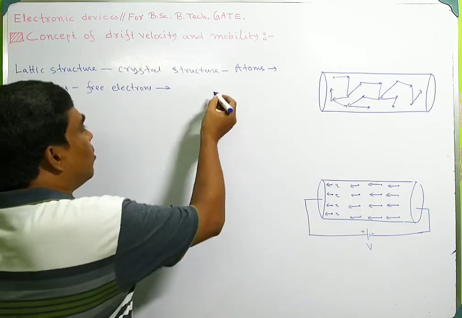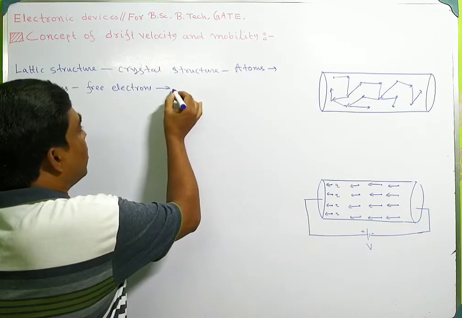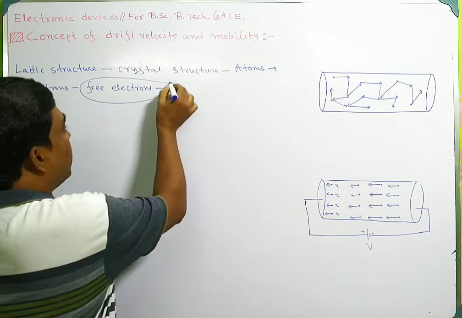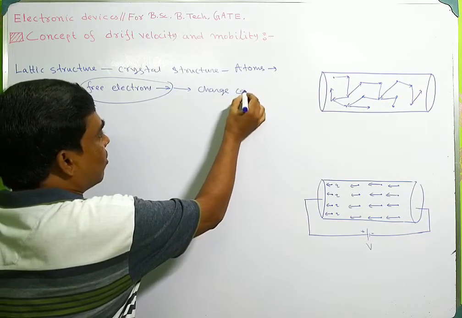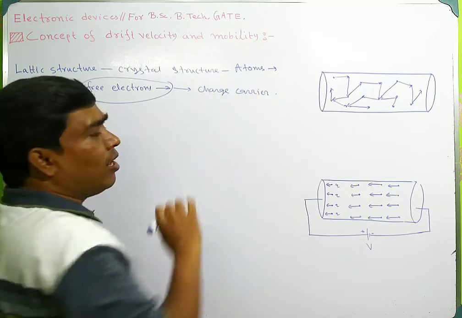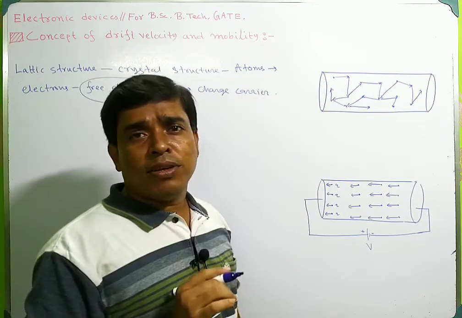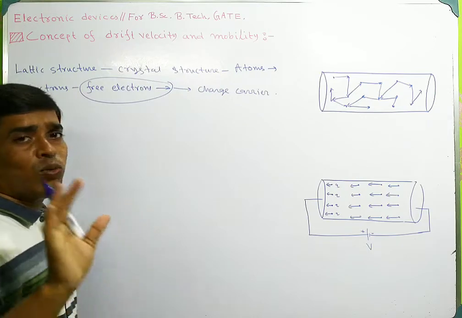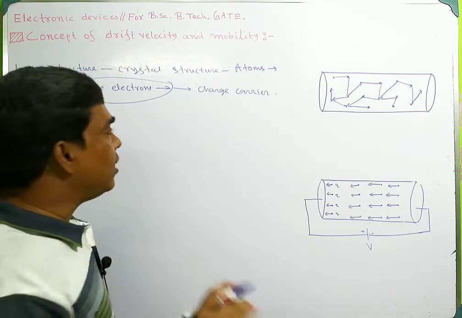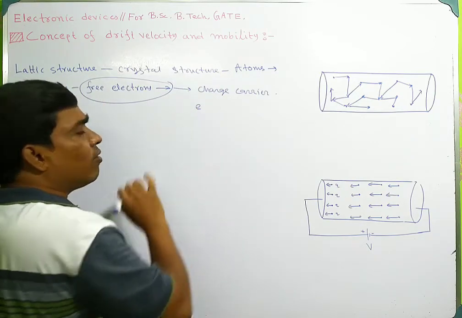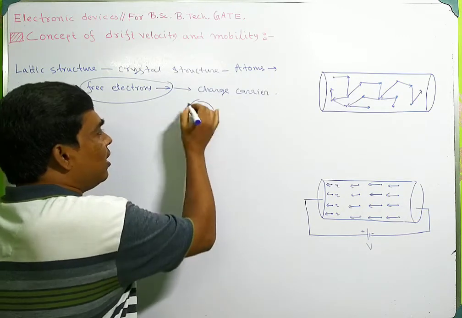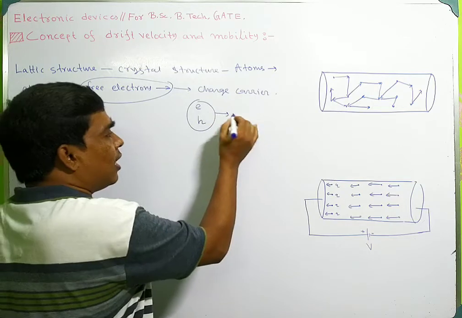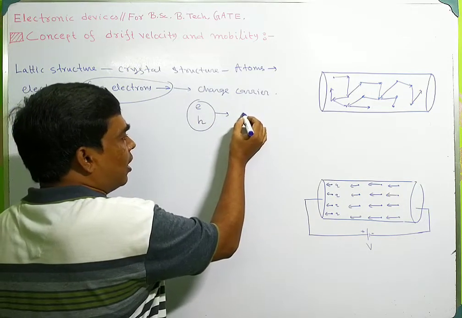In a conductor, only free electrons are present as charge carriers. Now in the case of a semiconductor, there are two types of charge carriers. One is free electrons and another is holes. Both the charge carriers carry current.